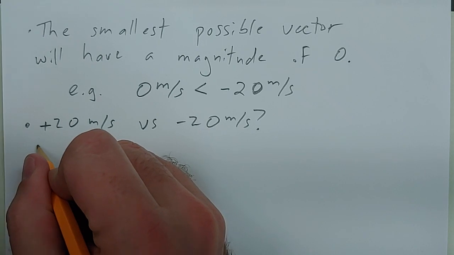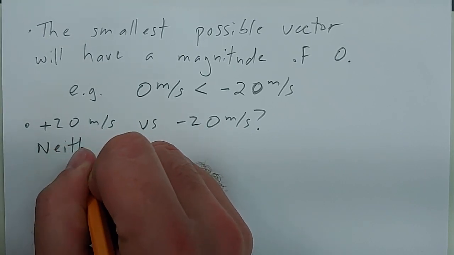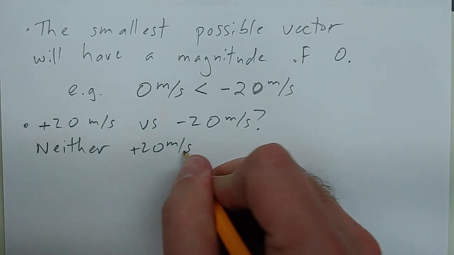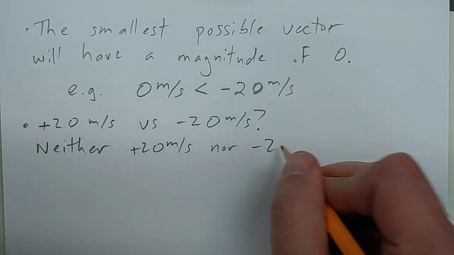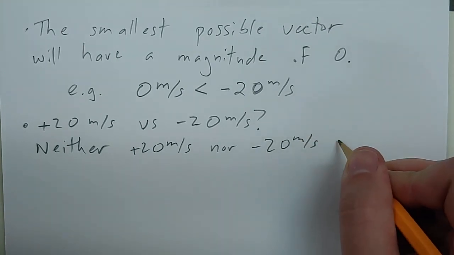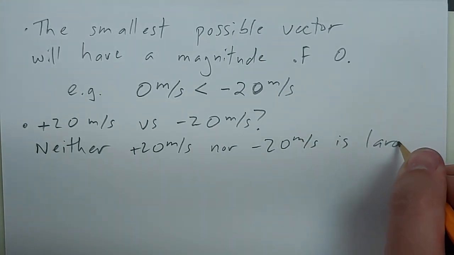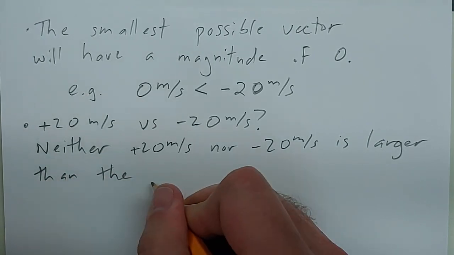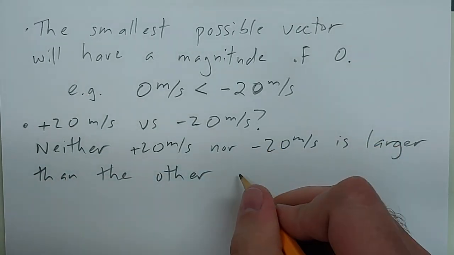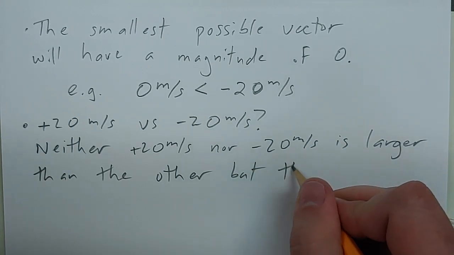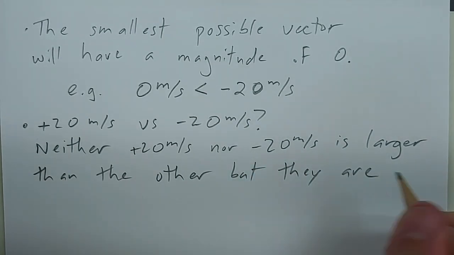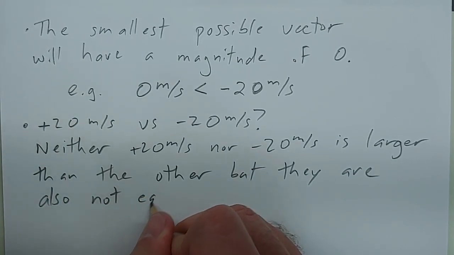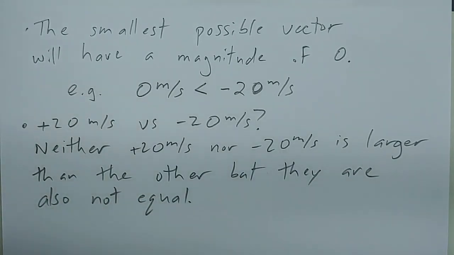And so neither positive 20 meters per second nor negative 20 meters per second is larger than the other, but they are also not equal, because equal would mean they're the same, and they're not the same.